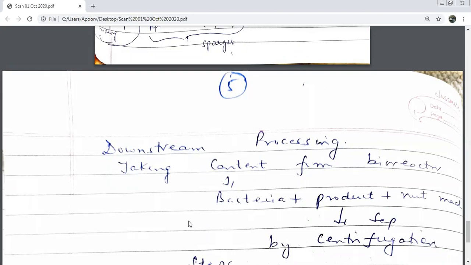Yes. Next. Certification by the organization. And the last one. Packaging and then selling. Commercial sale. Okay, so you remember that all these 6 steps together are known as what? Downstream processing. Very good, very good.